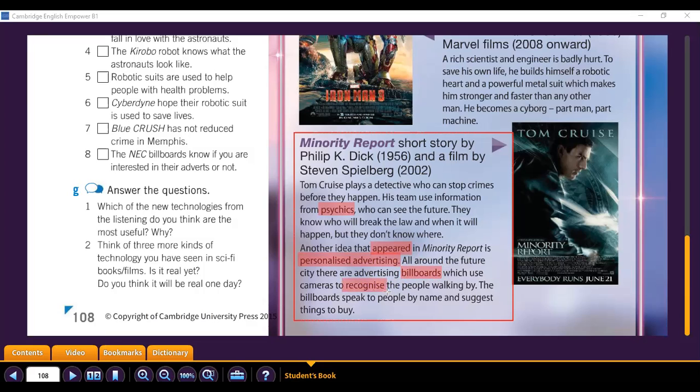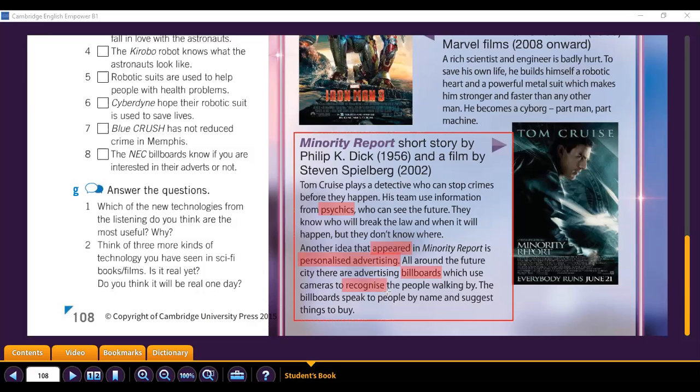Exactly. Thank you, Melanie. So look at this. We have very interesting things in this movie, Minority Report. Tom Cruise plays a detective, and the interesting fact here is that he stops crimes before they even happen. And why can they do this? They use the information from psychics, who can see the future. Utilizan la información de psíquicos, ¿no es cierto?